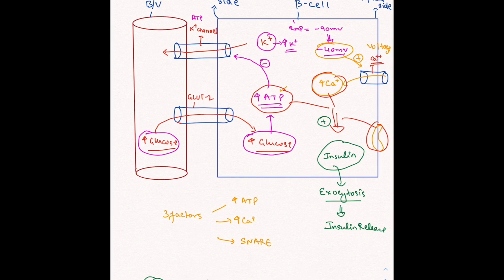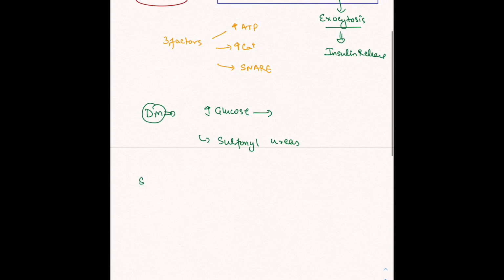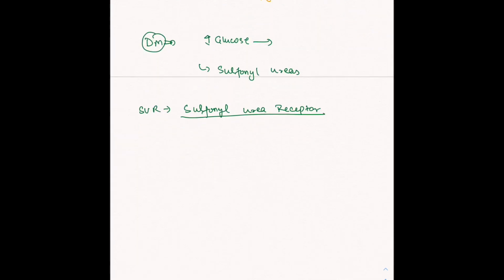This potassium channel is also called SUR, which stands for sulfonylurea receptor. Sulfonylurea is an insulin secretagogue.